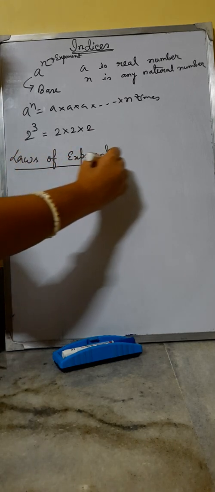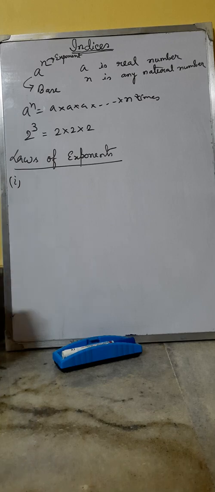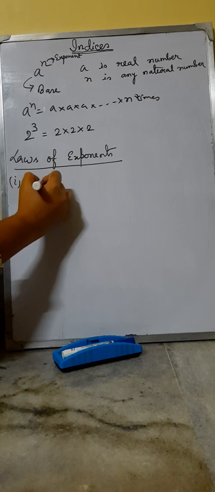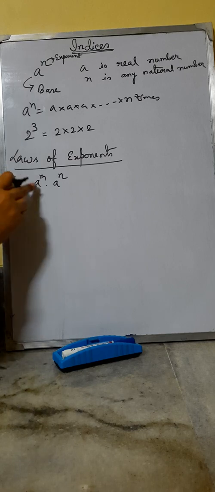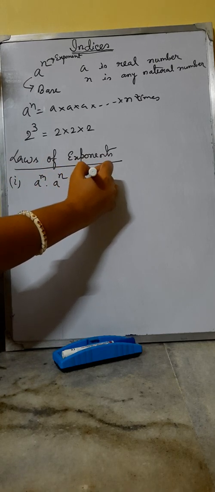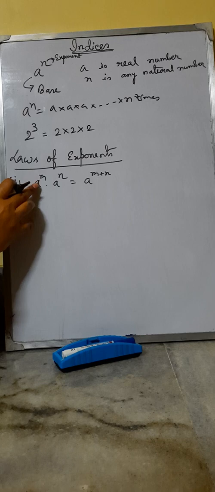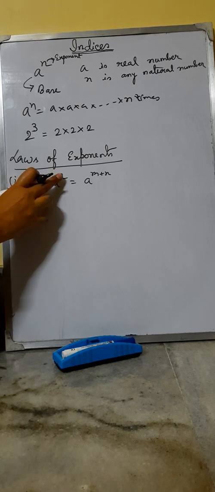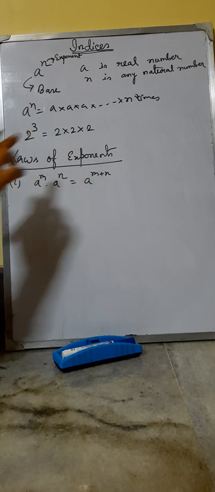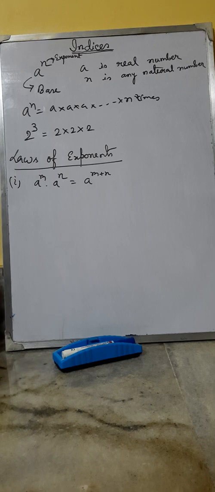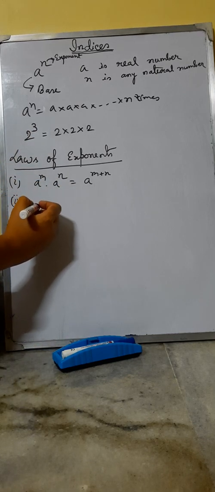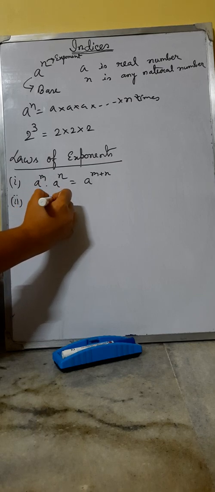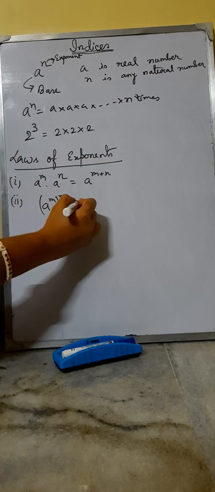First law is, if a to the power m dot a to the power n, then the law says a to the power m plus n. Base is same, power is different, then power will be plus. Second is a to the power m whole to the power n.